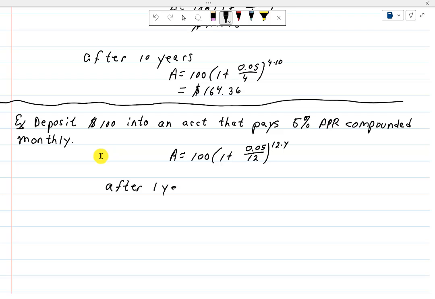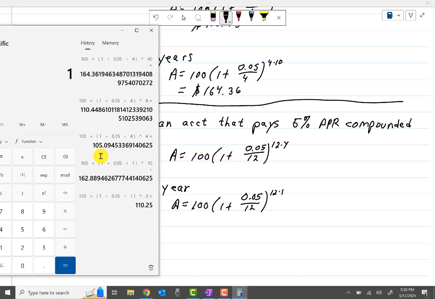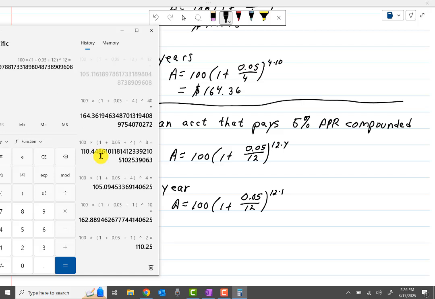After 1 year, we'll have 100 times 1 plus 0.05 over 12 raised to the 12 times 1. 100, start my parenthesis, 1 plus 0.05 divided by 12, end of the parenthesis, and then take that to the 12th power.